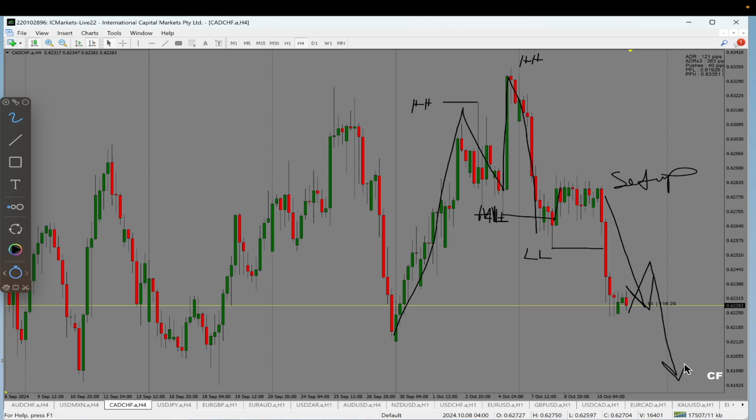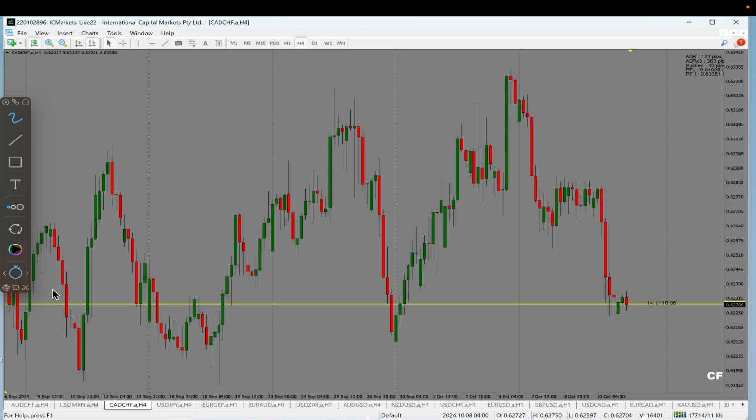The only way this market will be bullish is when this high gets taken out. As long as this high doesn't get taken out, the market is still bearish. If the market then comes into the range, forms a low, breaks this one, comes back up and breaks that one, then only then will the market be bullish. Let me show you again.